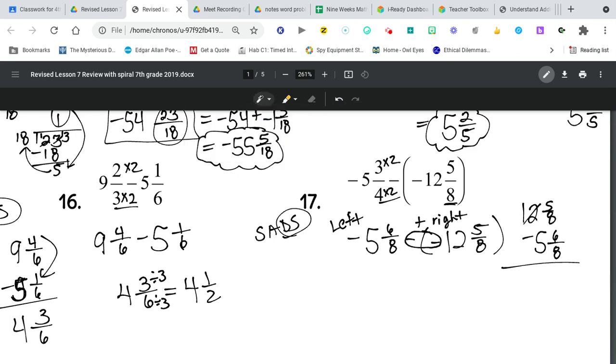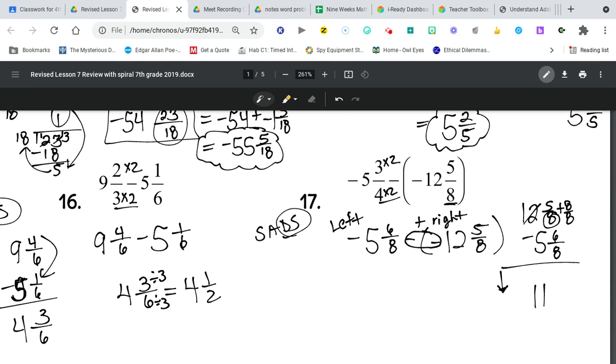So I'm going to borrow from the 12 and make it an 11. And that 1 that I borrowed is in terms of 8, so I'm going to add 8/8 to it. Let me write this a little better. That's going to end up being 11 and 13/8, guys. I have to go down here because I don't have enough room.